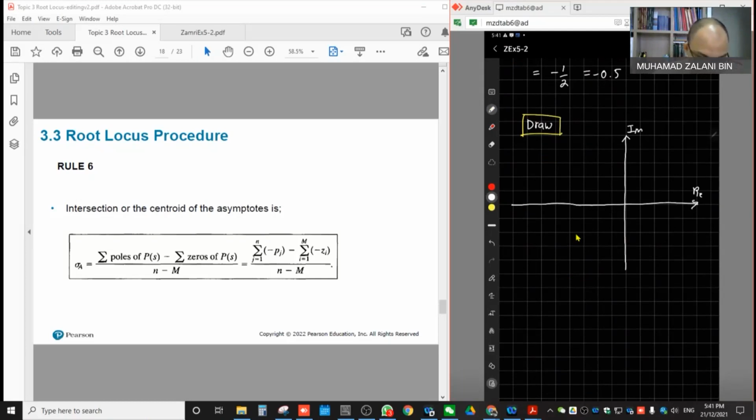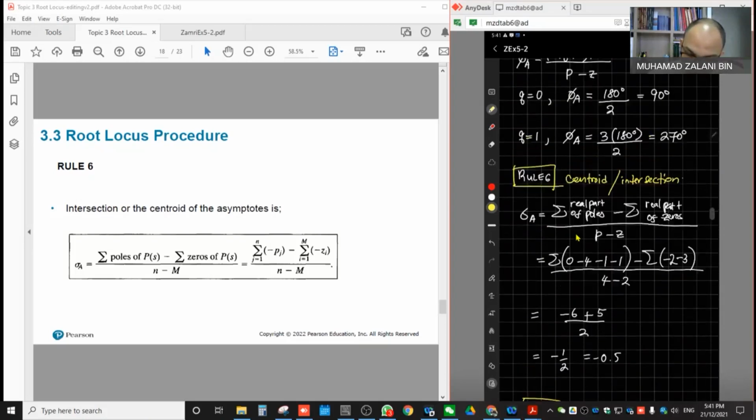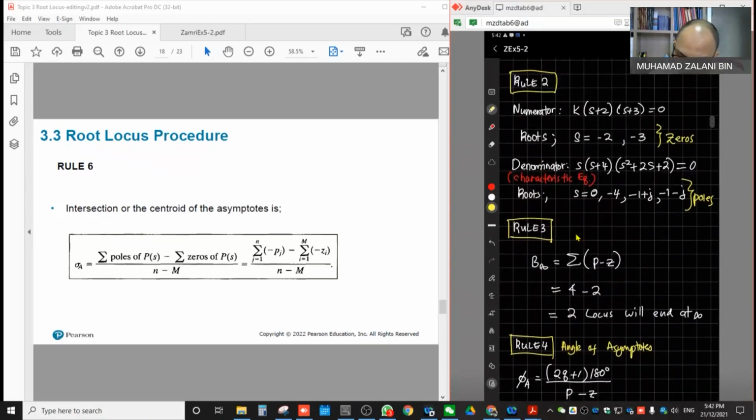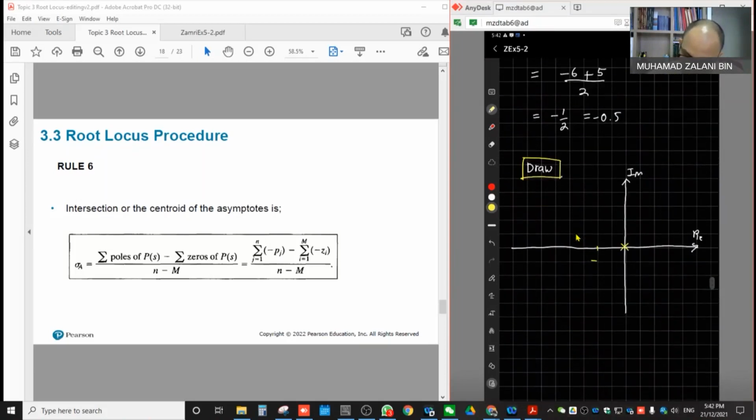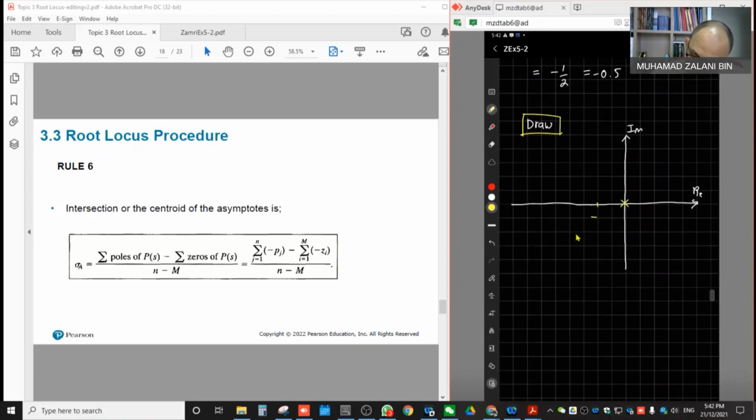So how many poles do we have? We have pole locations at 0, -4, -1 plus j, and -1 minus j. So we have the pole location at 0, 1, 2, 3, 4.